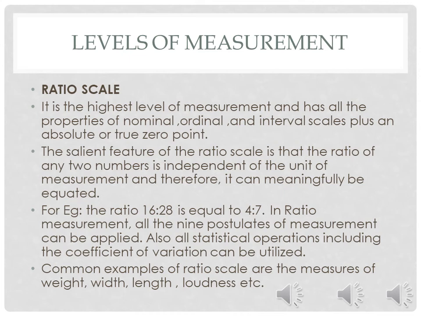All the properties of the nominal, interval and ordinal scales are followed by the ratio scale. The salient feature of the ratio scale is that the ratio of any two numbers is independent of the unit of measurement and therefore can meaningfully be equated.